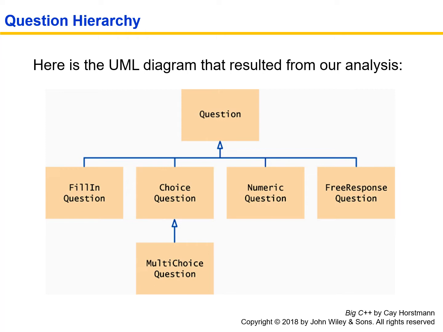A choice question has to add data for storing the different choices. A numeric question has to change, revise, override the method for checking the answer. And then, you could further derive from choice question a multi-choice question, maybe one in which multiple answers are correct.